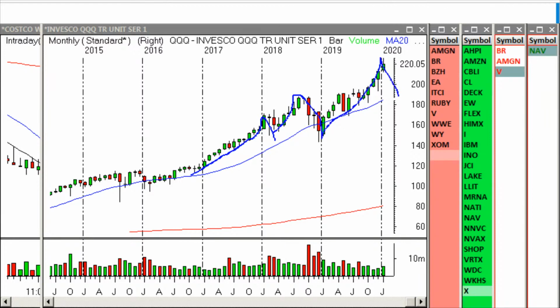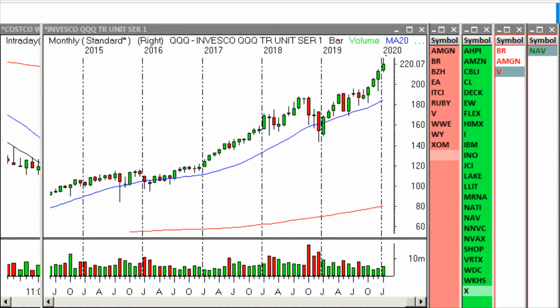Is this the top? Maybe. The problem is, here we got a wide range bar. This is the monthly chart of the Qs. Here we didn't really get a wide range bar, but I don't know. And here we didn't get any wide range bars. So I just wish we got a wide range bar here, that we would have moved up one more week or so on the daily chart. One more week, and this would have been a wide range bar.